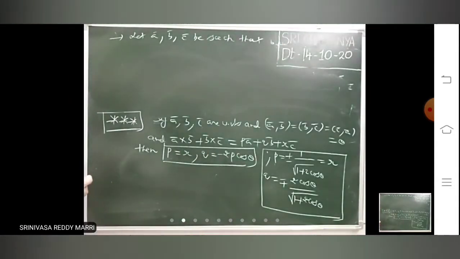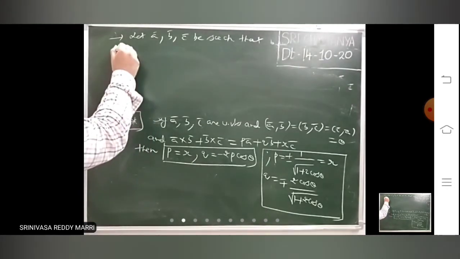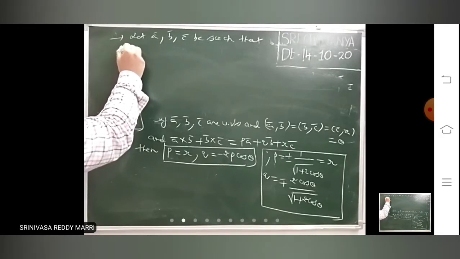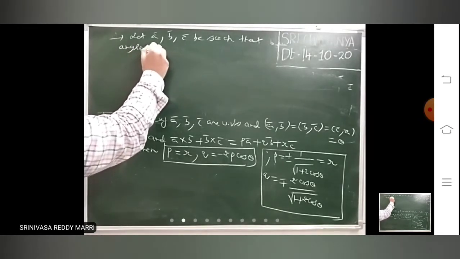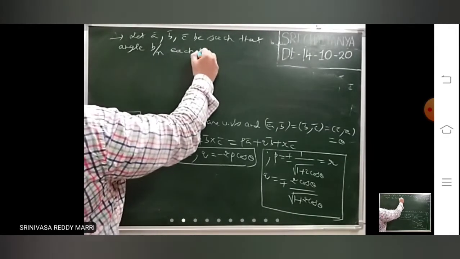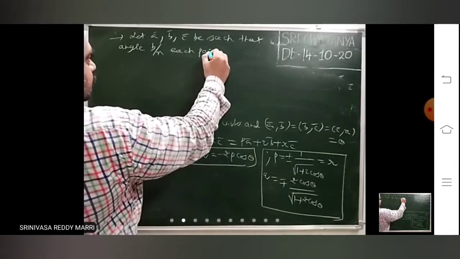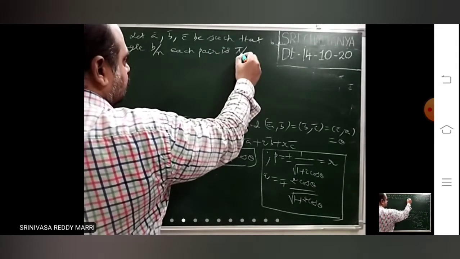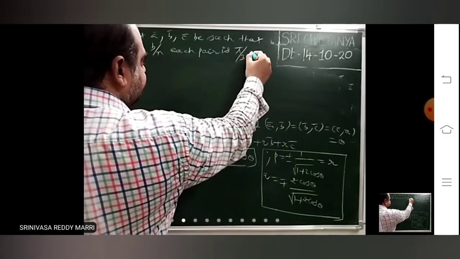Let A bar, B bar, C bar be such that the angle between each pair is pi by 3.